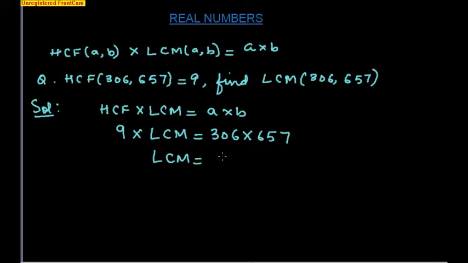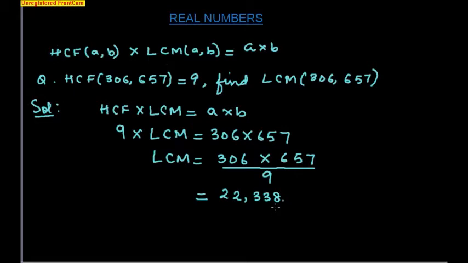So we find the LCM as 306 into 657 divided by 9. When you calculate it, your answer will be 22,338. So this is the concept of HCF and LCM using the fundamental theorem of arithmetic.